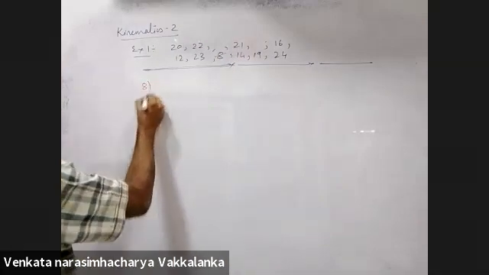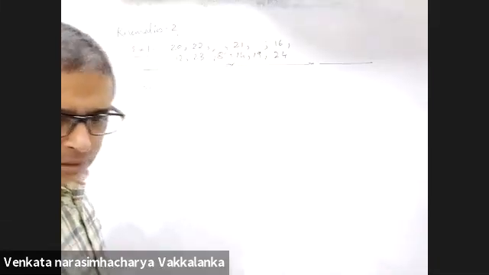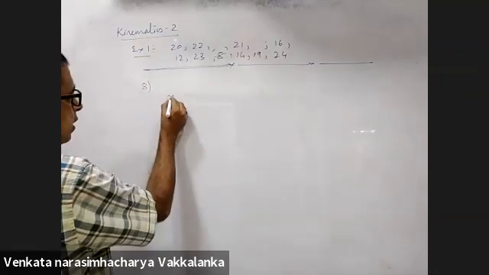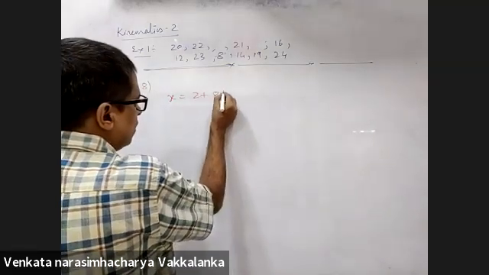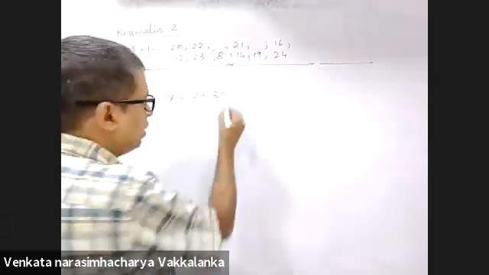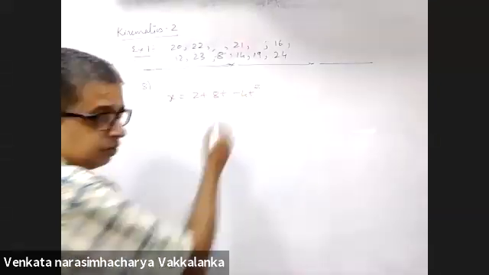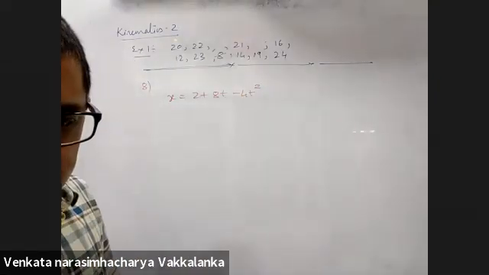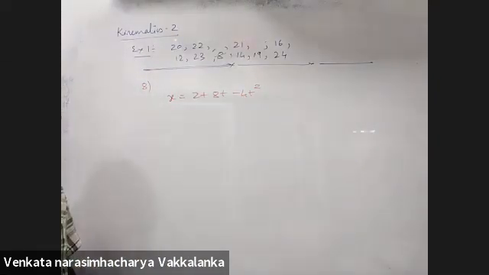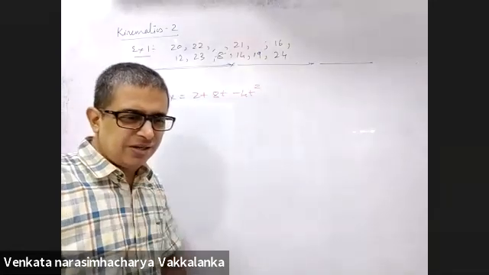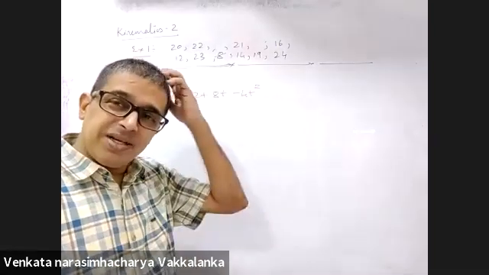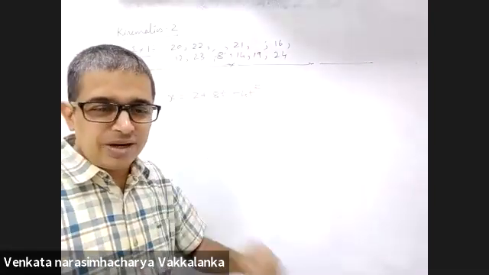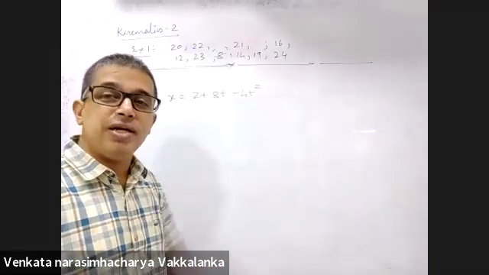Question number 8. Position of a particle is given by 2 plus 8t minus 4t square, where t is time in seconds. Distance traveled by the particle in the first 2 seconds. See, whenever they ask you for distance, always remember there is a possibility that the particle is decelerating, it will come to rest and it will turn.